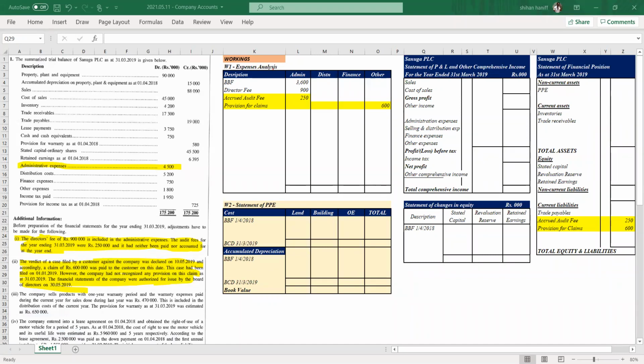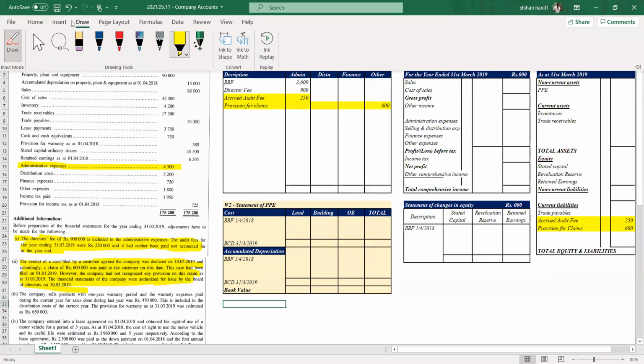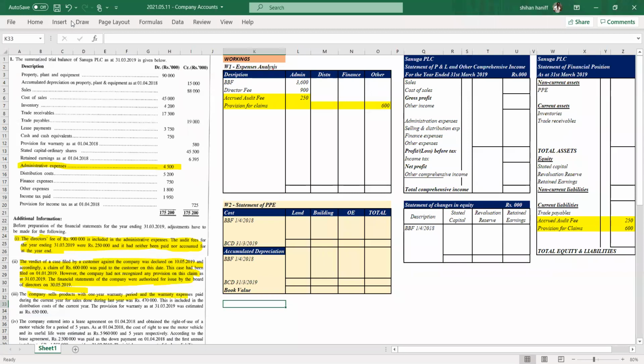Then moving to the third adjustment. The company sells products with 1 year warranty period, and the warranty expenses paid during the current year for sales done during last year was 470,000.